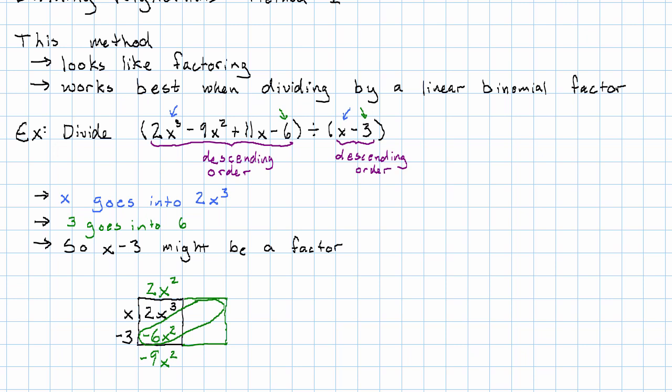My x squared term needs to add up to negative 9x squared. So I'm thinking, negative 6x squared plus what gives me negative 9x squared? If I like, I can do subtraction to find that out, because subtraction always gives us the missing number in addition. What I need here is a negative 3x squared. So I'll fill that in.